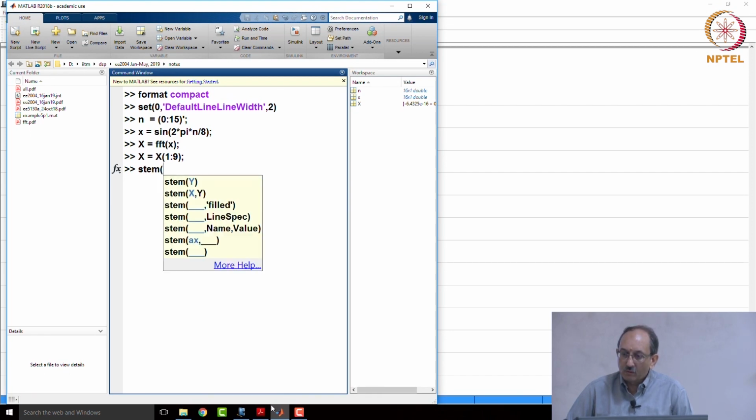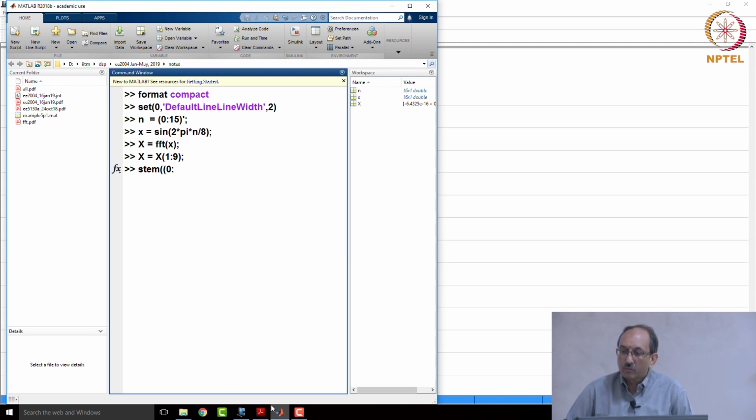Now, I am going from 0 to N by 2. I need to divide this, remember I need to do k by N, so this is 16 times Fs, and then abs of x.